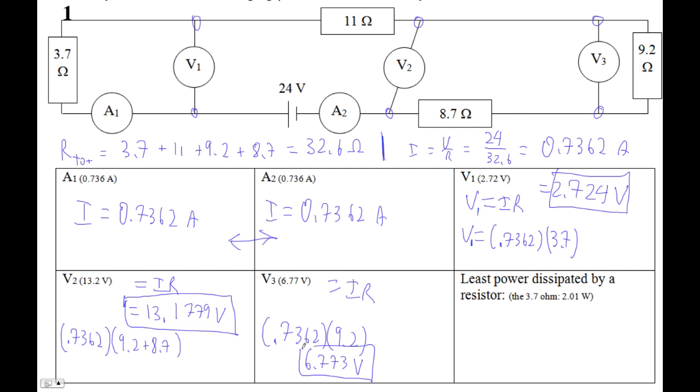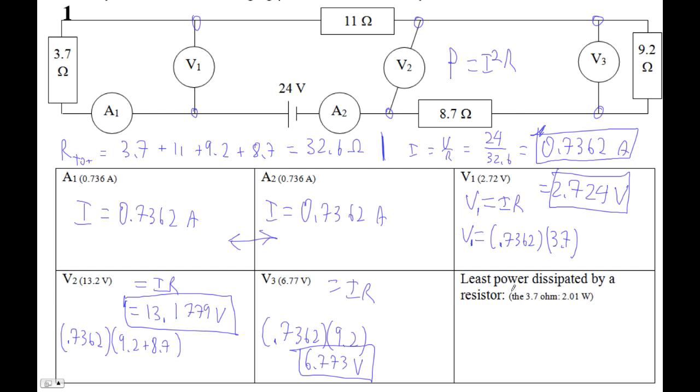All right, least power dissipated by a resistor. Since in these circuits you know the current, every single resistor has this same current. This one does, that one does. And since the power is I squared R, it depends only on the current and the resistance. The least power would be, of course, the least resistor.